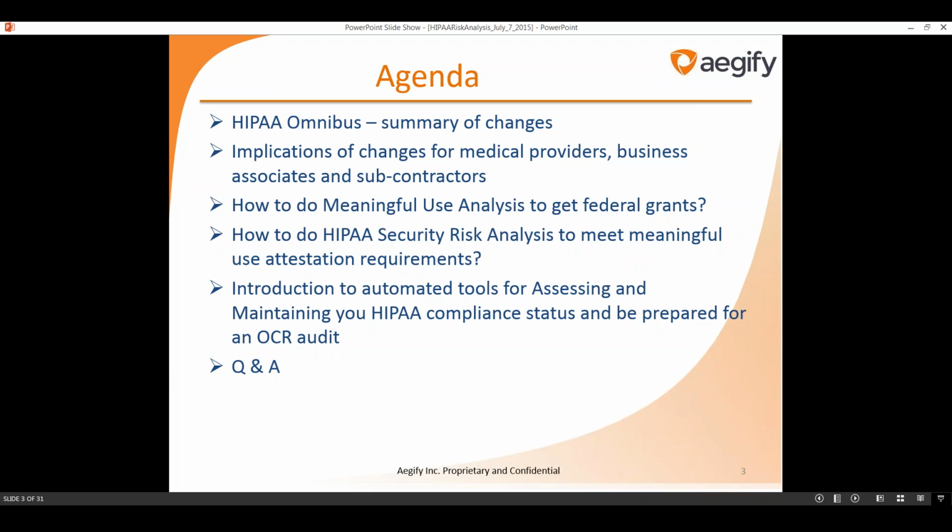And one of the key requirements there is security risk analysis. A major portion of our talk will be around how to do HIPAA security risk analysis, what the lessons learned are, and at the end we'll talk about automated tools for doing security risk analysis.